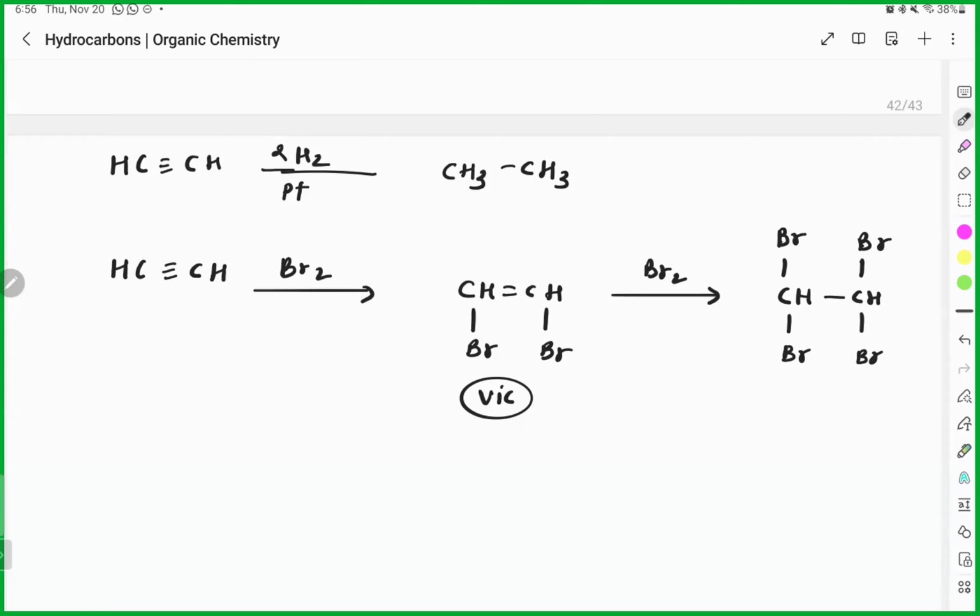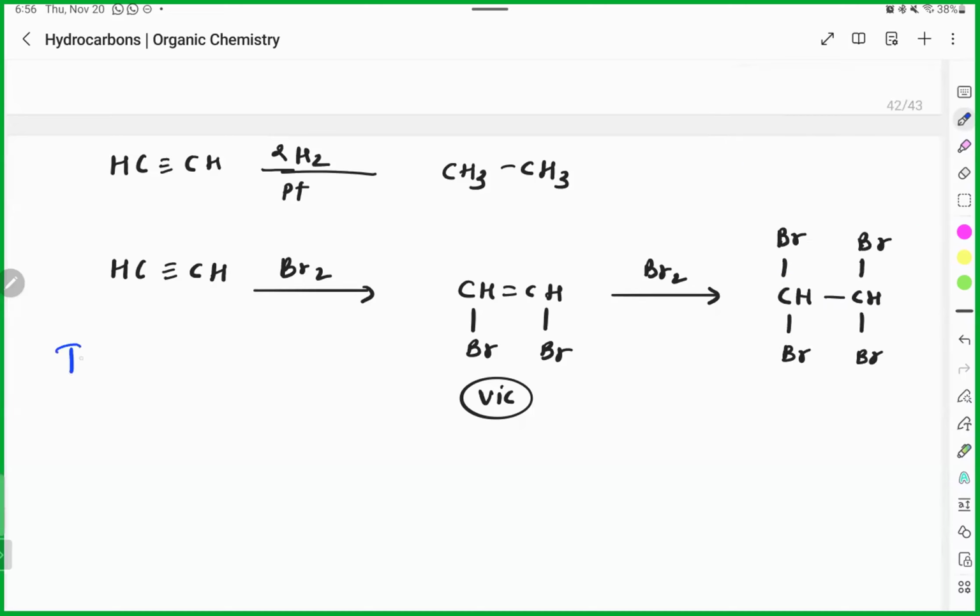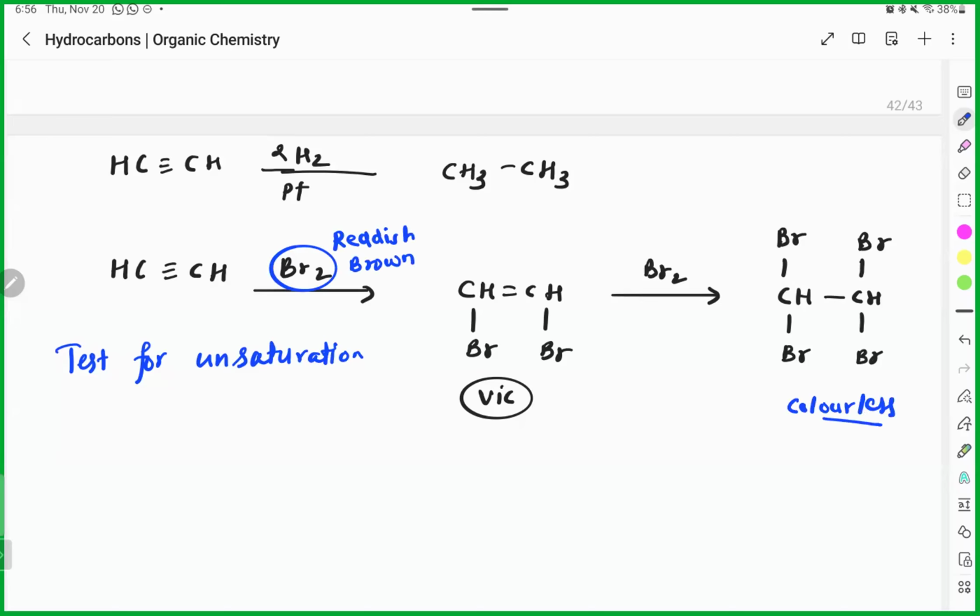So this is the test of unsaturation, and we have studied this before. Test for unsaturation. How? Because bromine color is reddish brown. When you take either alkene or alkyne, it will become colorless. And if it becomes colorless, it means there was either double bond or triple. Same thing we did in the double bond also.